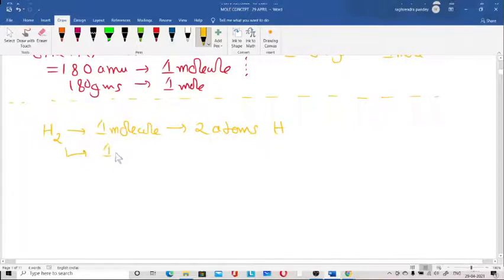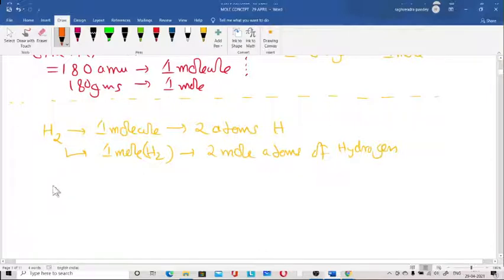Similarly, one mole of H2 contains two moles of atoms of hydrogen, simply H. That is the simplest case.